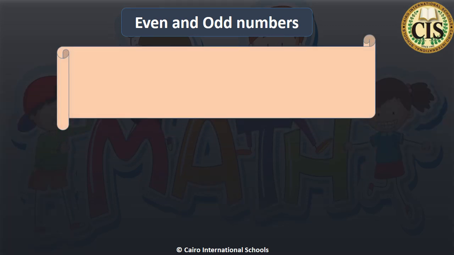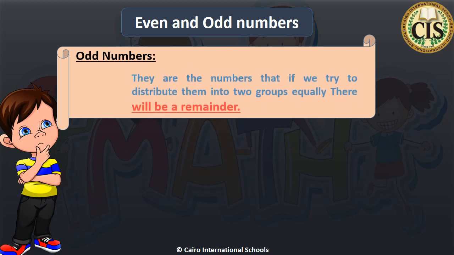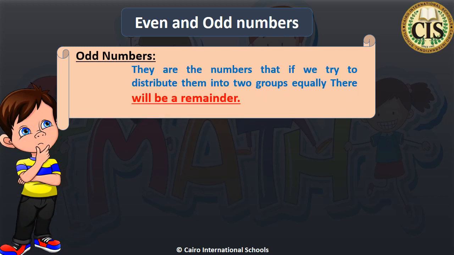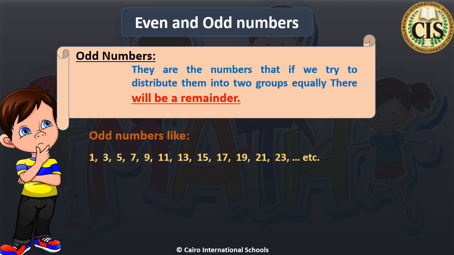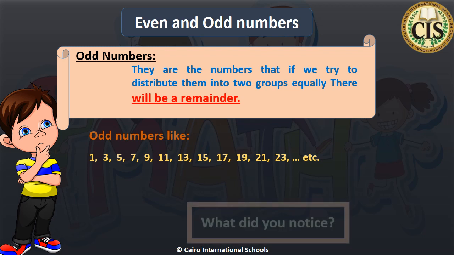While the odd numbers are the numbers that, if we try to distribute them into 2 groups equally, there will be a remainder, like the 3 cookies. Do you remember the 3 cookies distributed among Adam and Malak with 1 cookie remainder? The odd numbers are like 1, 3, 5, 7, 9, 11, 13, 15, and so on.